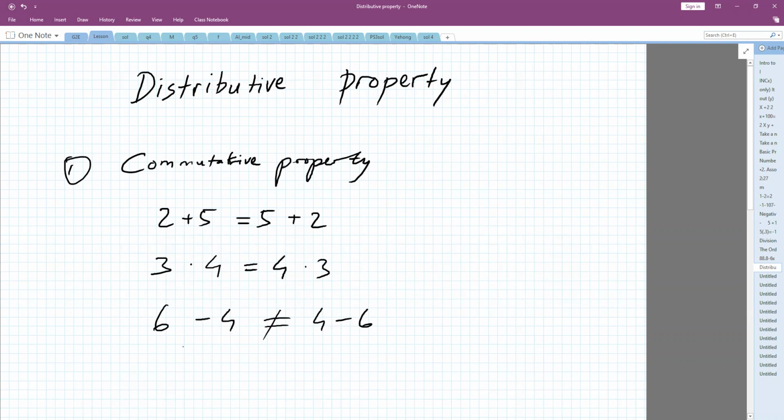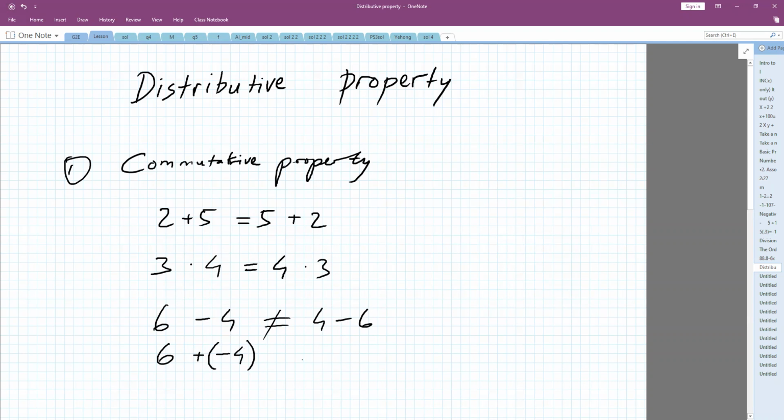So what happens is actually if you have 6 minus 4, look at this, you have 6 plus negative 4. And then you see again why we use brackets here, because you have two operations simultaneously. That's why we have to separate them using brackets.